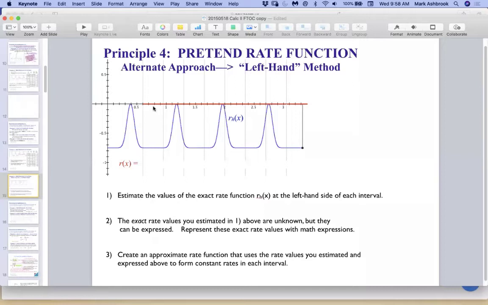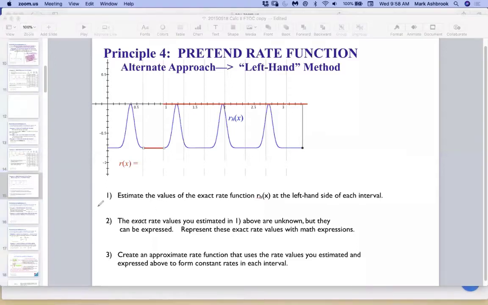So I'm going to grab this here and put it right there, I think. Okay. So for our first interval, we are estimating at the left hand. So we said for interval number 1, the left hand is going to be negative 0.75 meters per second.